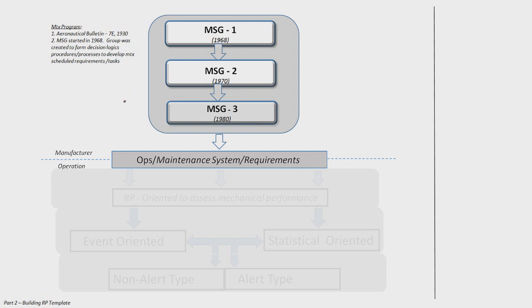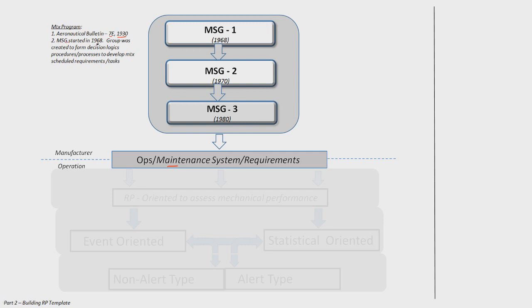Let's start our presentation. First, Aviation Authorities document, and I'm talking here about United States Aviation Authorities, and the document related to the maintenance requirements, maintenance program, was issued in 1930, and the document name was Aeronautical Bulletin 7E. In 1968, industry started the maintenance steering group.